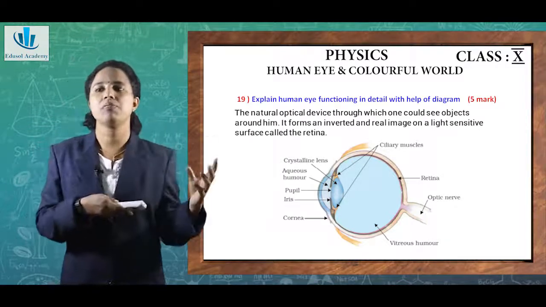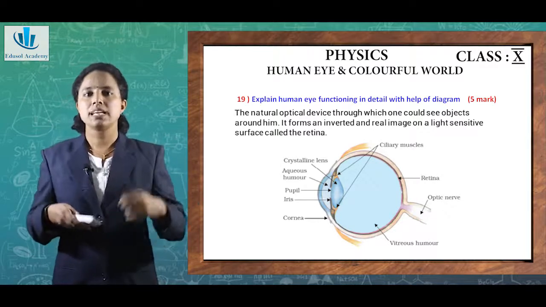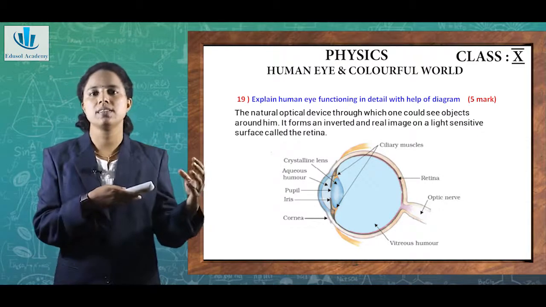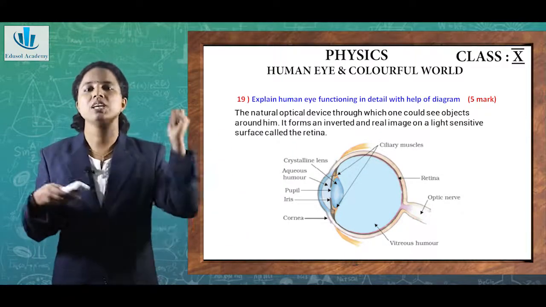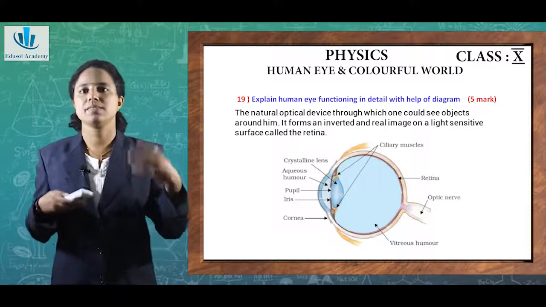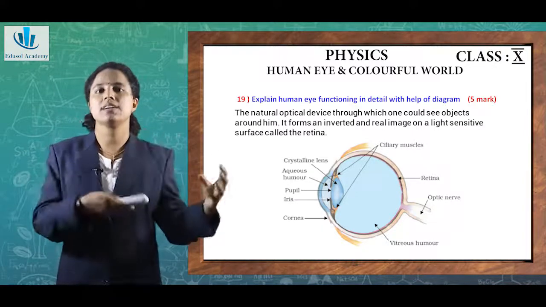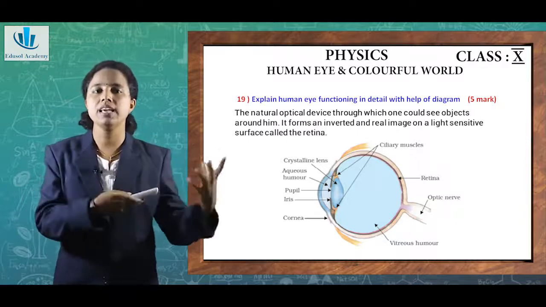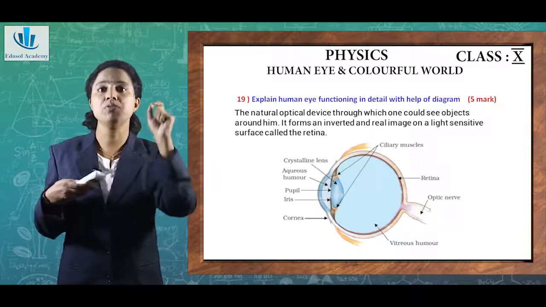There are about 125 million rods and cones in the retina. These cells generate signals which are transmitted to the brain through the optic nerves. And the brain processes the information from these electrical signals and finally gives an erect image to us.